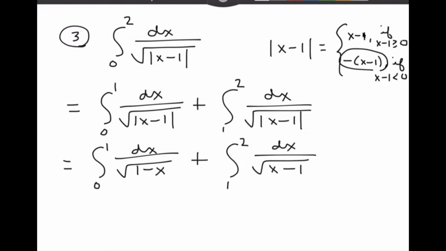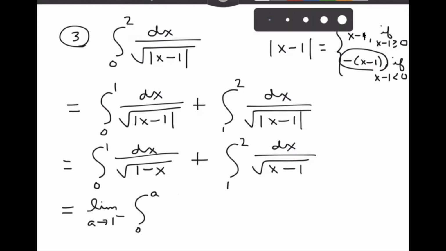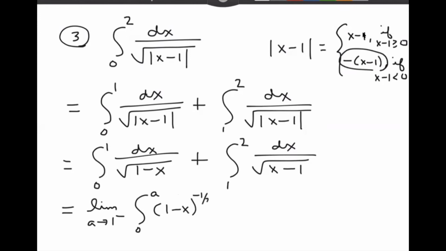So remember, the asymptote occurs at x equals 1. So the first integral will become limit as a approaches 1 from the left, integral 0 to a. And just to save a little bit of time, let's write this as 1 minus x to the power negative 1/2. It's going to be more backwards power rule.